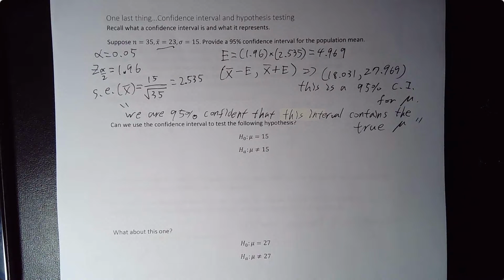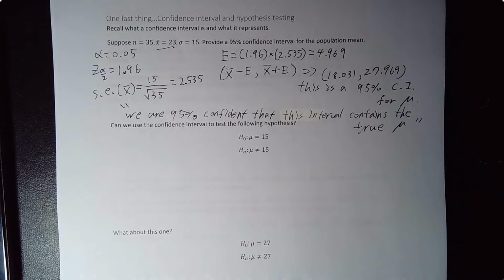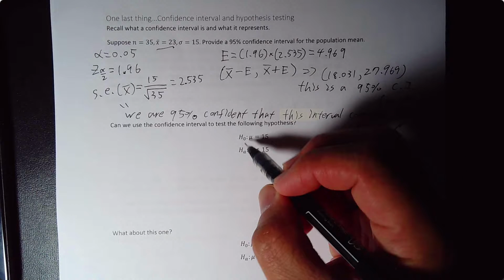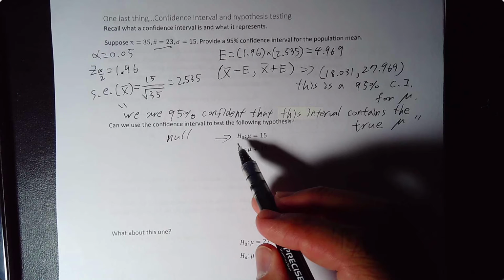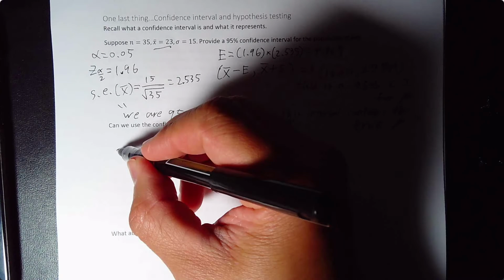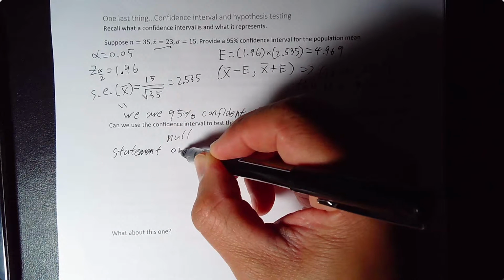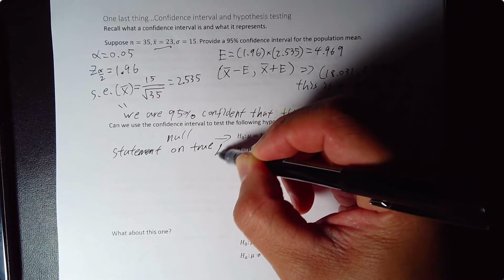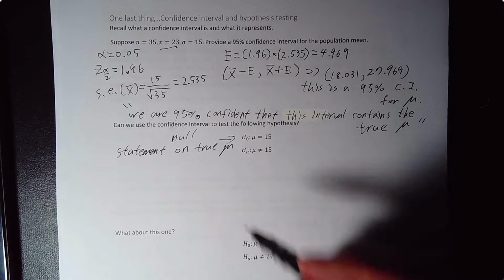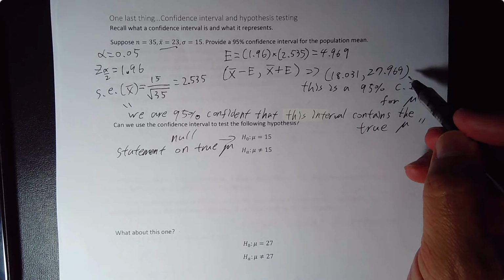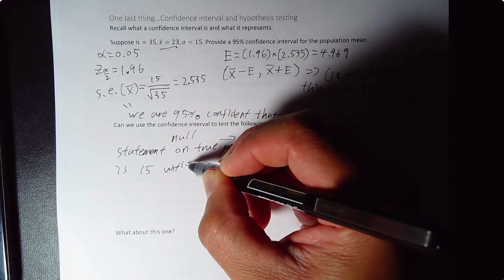Now, how can we use that to do this hypothesis test, for example? Take a look here. This null hypothesis is making a statement on the true mu. It is saying the true average is 15. Well, we can ask the question, looking at our interval: is 15 within this interval?